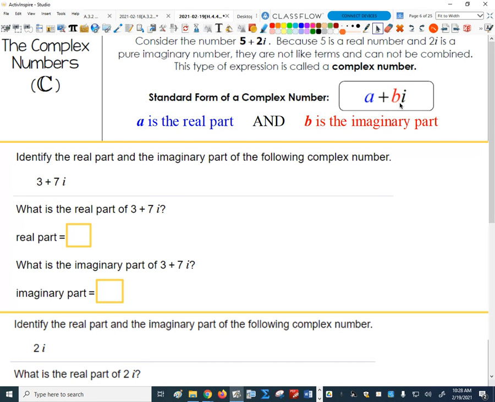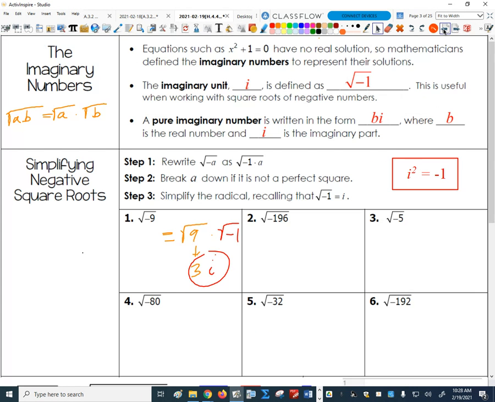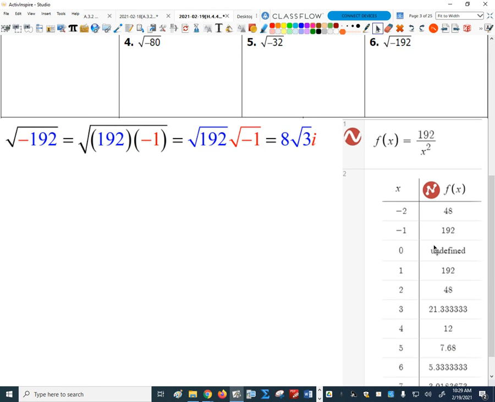So for all those numbers, the value of b was 0, and the value of a was any possible real number. For the pure imaginary numbers, the real part would be 0. When we simplified those values, we ended up getting a pure imaginary number where I just end up with some real number times i, right?